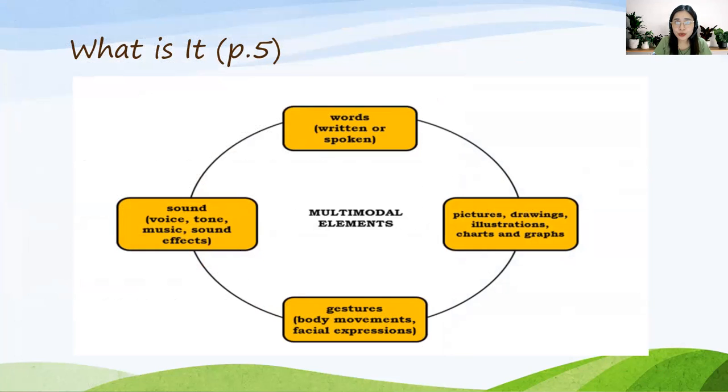If there are two or more than one of these elements, then that text is called a multimodal text with multimodal elements. Do you understand? Ulitin natin guys. Itong mga nasa yellow, okay? These are examples of multimodal elements. If there are two or more, hindi pwedeng isa lang, okay?